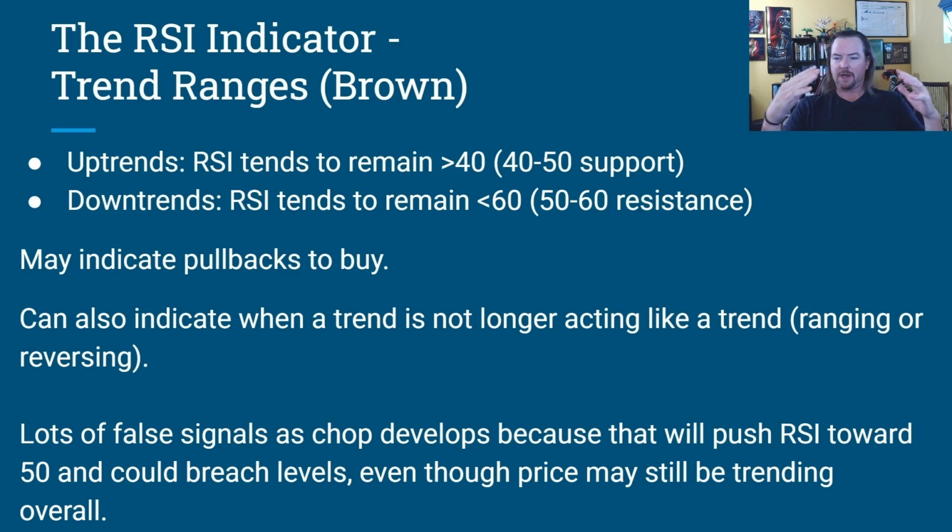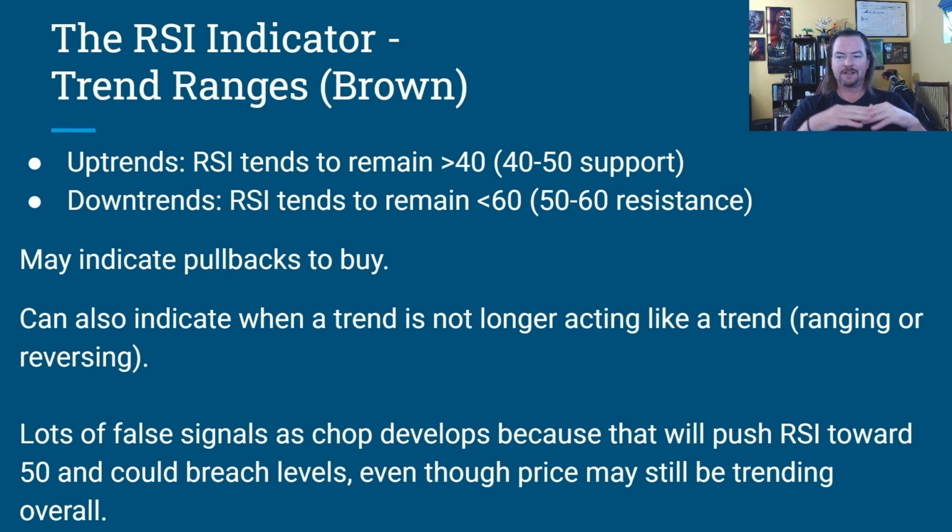And then if it broke that range, then it indicated choppier trading or a potential reversal. So as a general rule, the RSI tends to hold above 40 in uptrends, but it will vary by asset. If you have more volatile assets, that level might be 30.